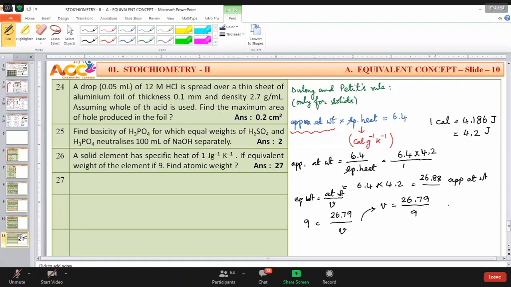Now, at this stage, you have to say valency cannot be fractional. Valency should always be a non-fractional number. This is the approximate valency. Therefore, exact valency is equal to 3.